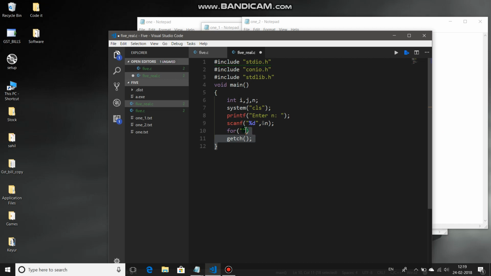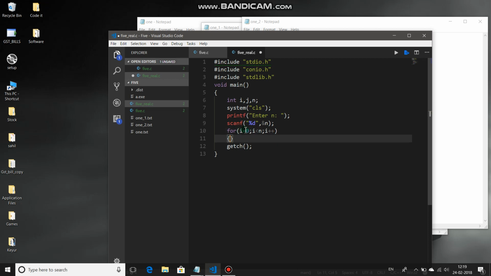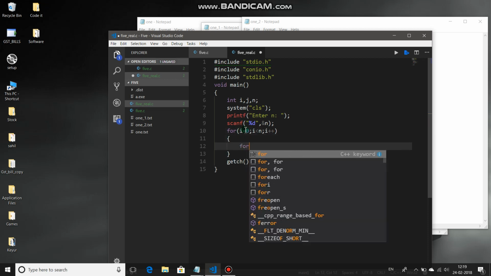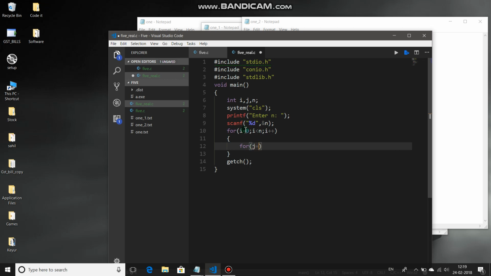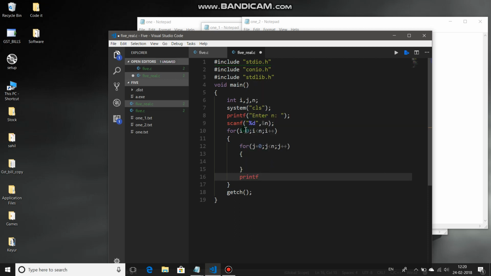Okay, so for i equals 0, i less than n, i plus plus. Inside i, for j equals 0, j less than n, j plus plus. Then just printf new line.